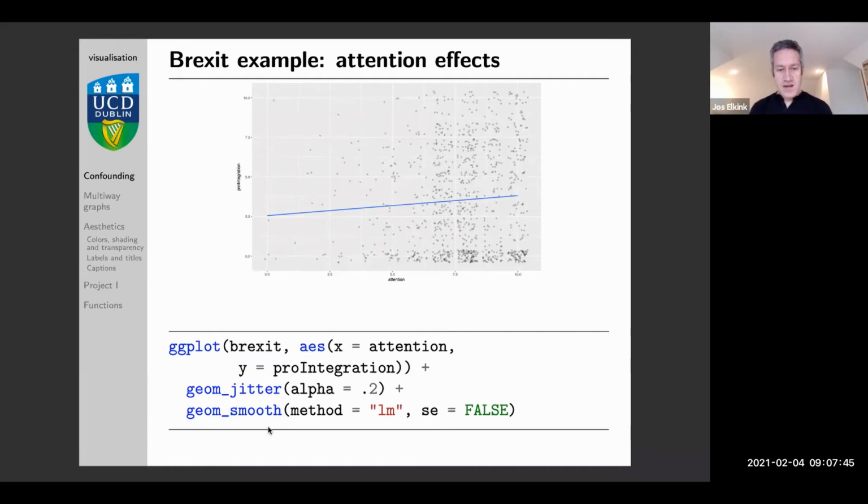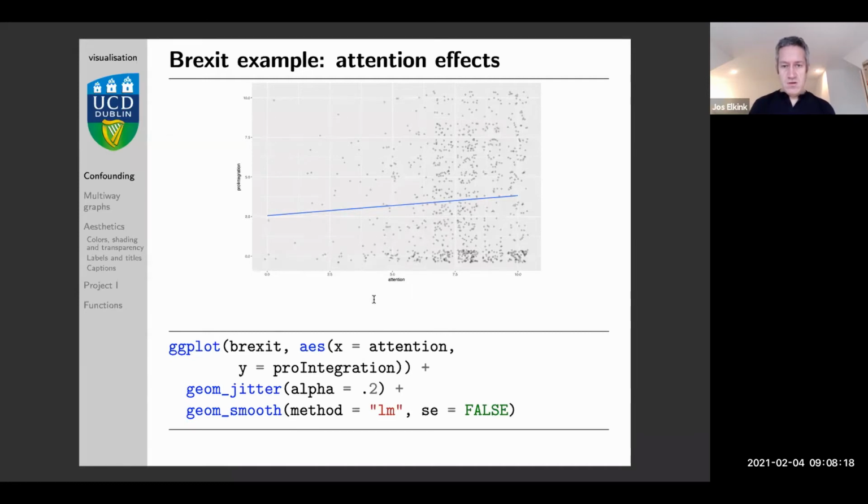It looks at the relationship in the referendum between how much attention people pay to politics on the x-axis and how much they are in favor of European integration on the y-axis, among voters in the Brexit referendum in the UK. And we see a slight positive relationship. People that pay more attention to politics are more likely to be in favor of European integration. So this is a bivariate plot where we look at 2 variables and the relationship.